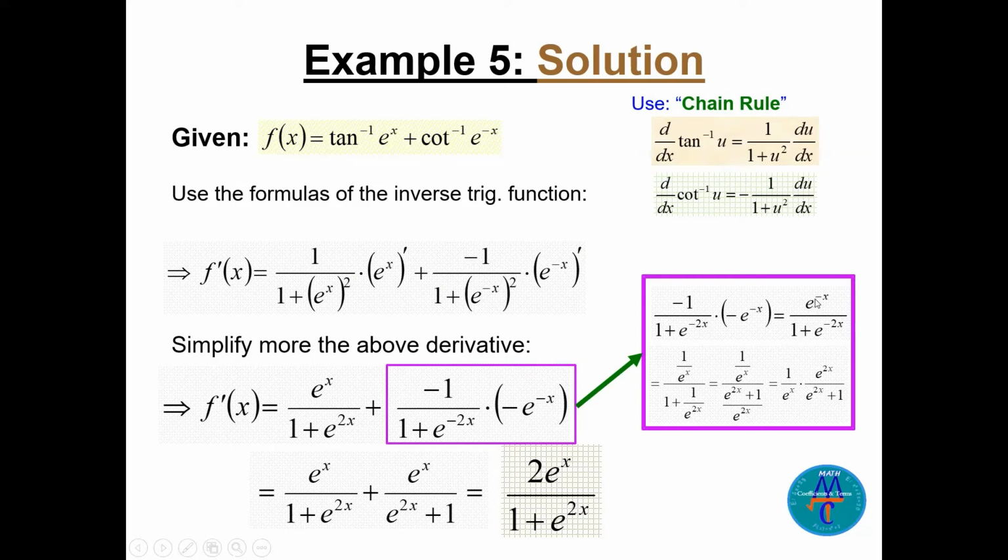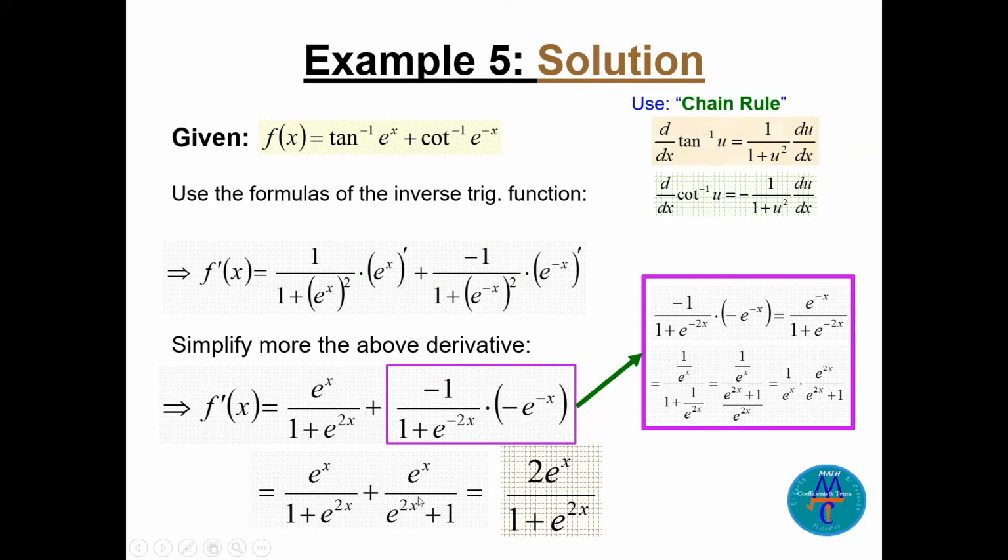Negative exponent, e to the power minus x is 1 over e to the power x, and 1 plus 1 over e to the power 2x. I add in the denominator here with the LCD, e to the power 2x, then I multiply the fraction times the reciprocal. See, I cancel here e to the power x. So what's left on this second part is e to the power x divided by e to the power 2x plus 1, which is the same as this.